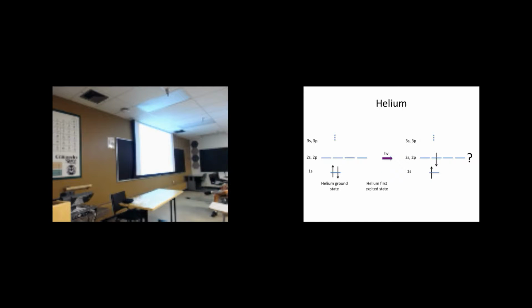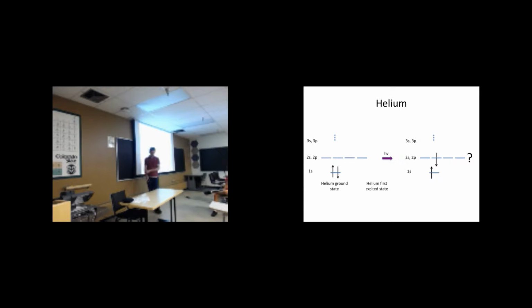Okay, so hydrogen's relatively simple. Let's think about helium. Helium, we have 2 electrons instead of 1. The ground state of helium is a doubly occupied 1s orbital. And then if we maintain this picture of the higher orbitals, we don't have splitting into p's and s's.